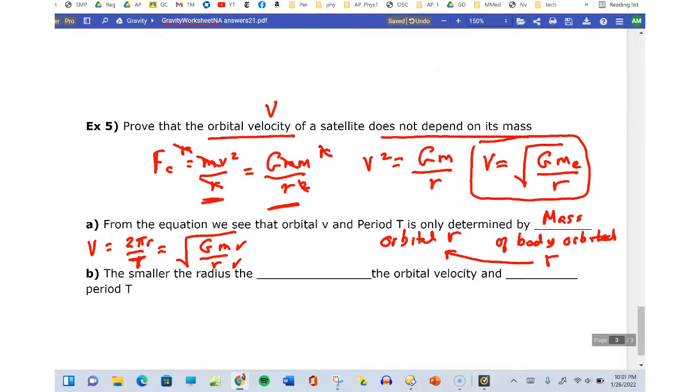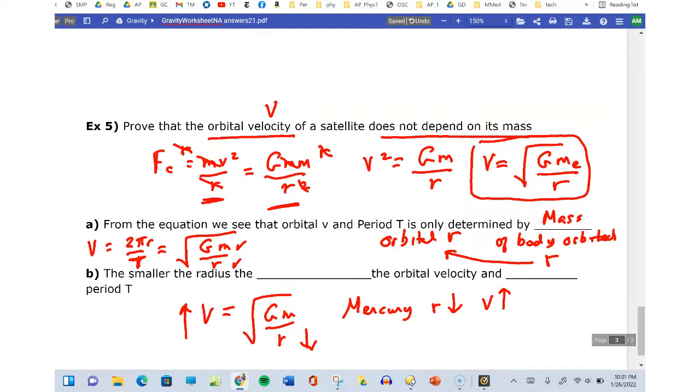All right, let's figure this one out. The smaller the radius, the blank the orbital velocity. Let's look at the equation. The smaller the radius, that's on the bottom, the larger the velocity. The planet closest to the sun, Mercury, has a very small r and a very large velocity.